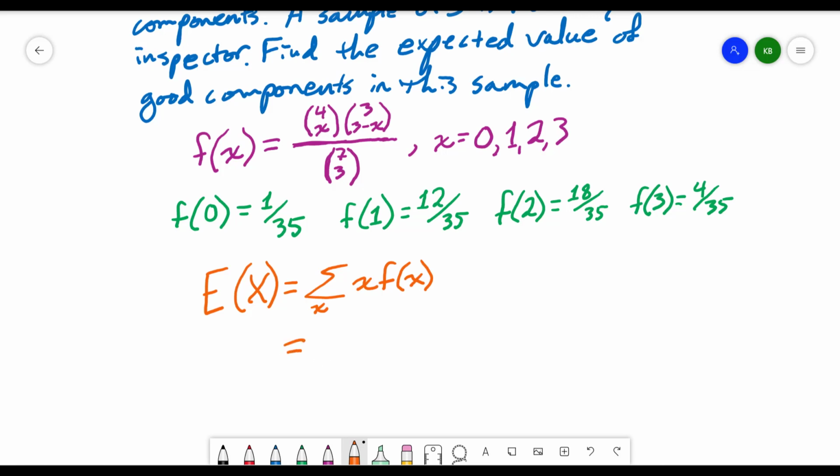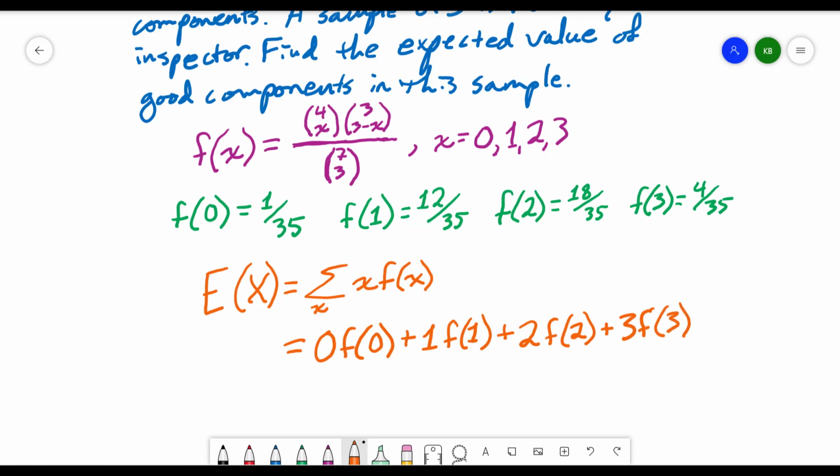And this is going to equal, plugging 0 in, I have 0 times f of 0, plus, plugging 1 in, I have 1 times f of 1, plus, plugging 2 in, I have 2 times f of 2, plugging 3 in, I have 3 times f of 3. And then I just substitute in the values I've already found for my probability distribution.